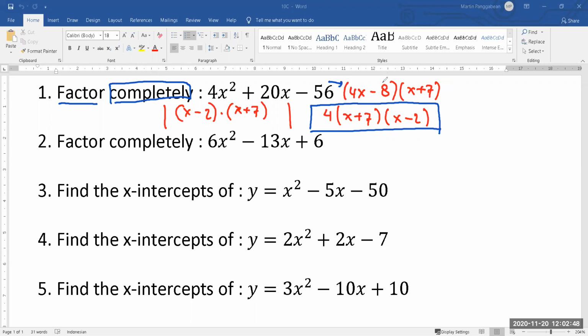For Justin's answer, we can still factor 4 out of the first factor. When you factor out 4, the statement becomes 4 times x minus 2 times x plus 7. So it's the same as the final statement.